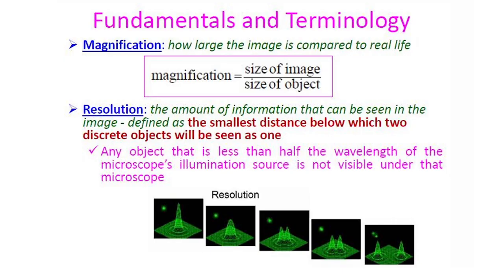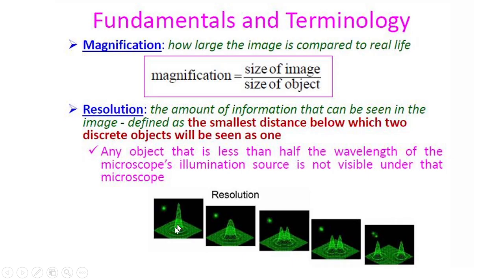So the resolution means the smallest distance between two objects at which we can see them as discrete objects. So this is the amount of information that can be seen in the image, and the smallest distance below which two discrete objects will be seen as one.